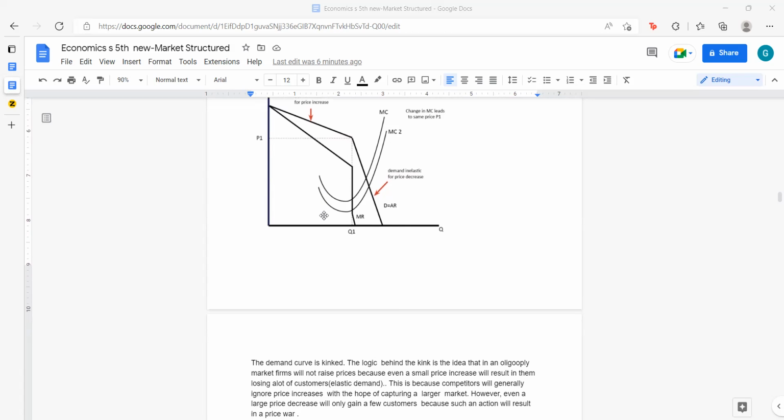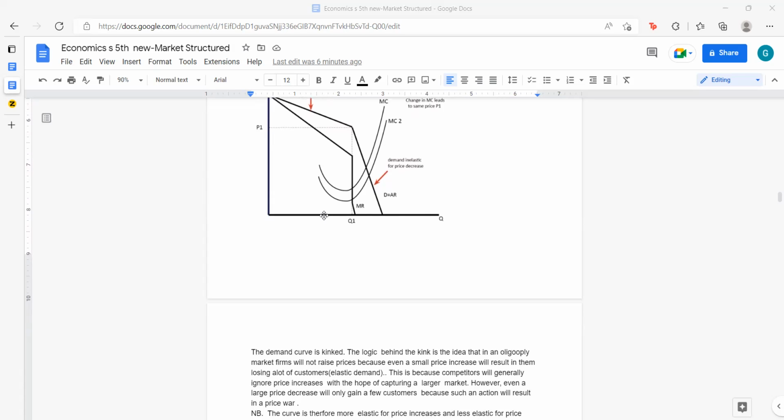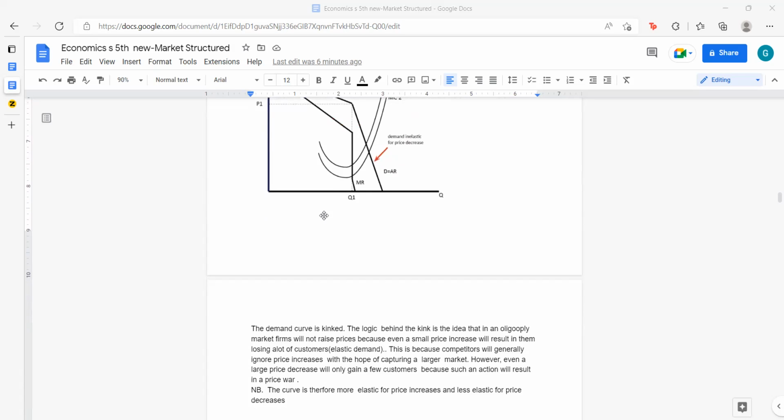And similarly, the reason why they lose customers is that their competition would try to capture market share, right? However, even a large price decrease will only gain a few customers because it will result in a price war.